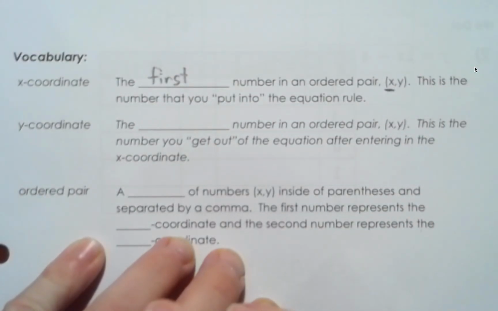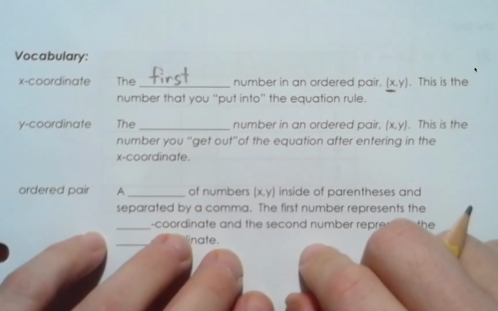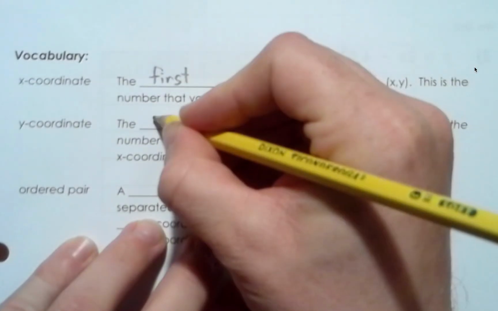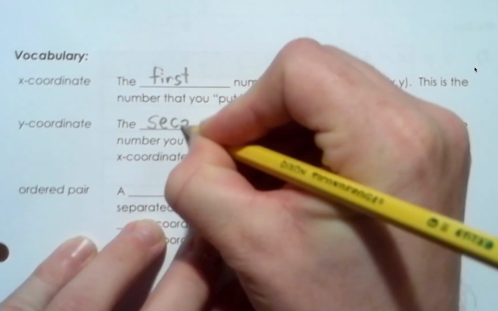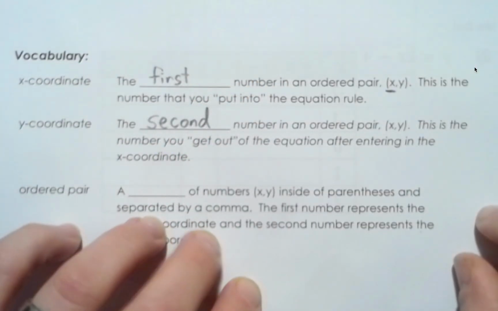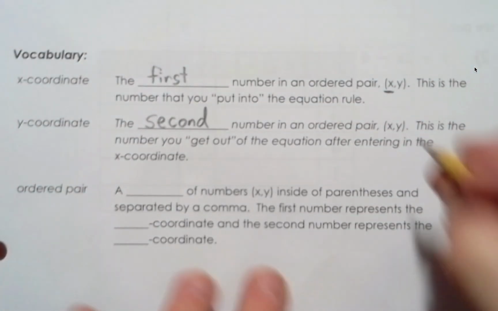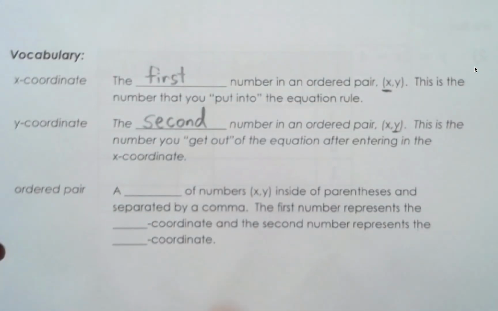This is the number that you put into the equation rule. The y-coordinate is the second number in an ordered pair, x, y. This is the number that you get out of the equation after entering in the x-coordinate.